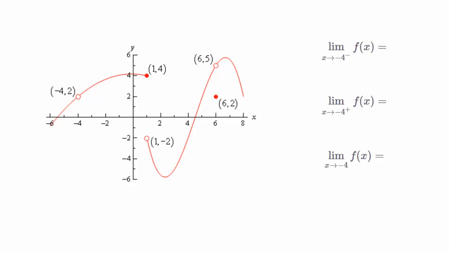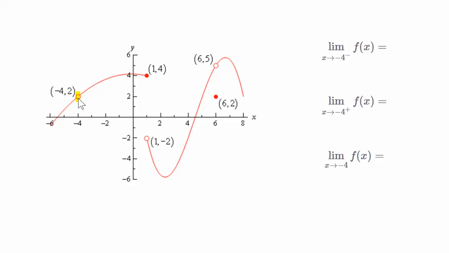So your assignment will have you looking at different graphs. Part of the lesson is understanding the terminology. Our first problem on the right says we want to find the limit of f of x as x approaches -4 from the left. Now if I just look at -4, I notice that there's a hole there.